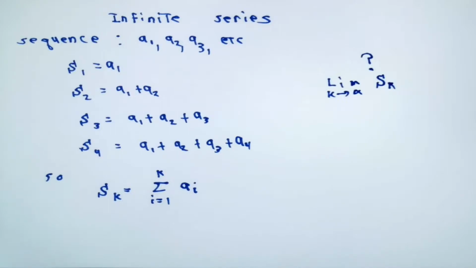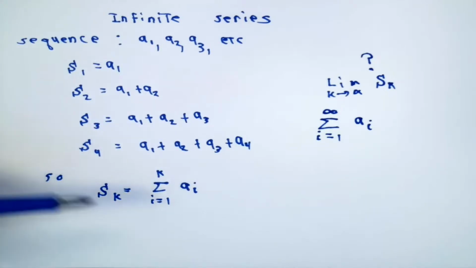If this limit of the SK numbers exists, meaning, remember, an actual honest to goodness real number, then I'm going to give it a special name. I'll call it the sum from i equals 1 to infinity of A_i. And I can't emphasize this enough. This actually is a limit.